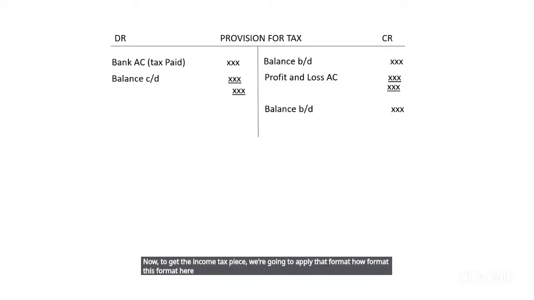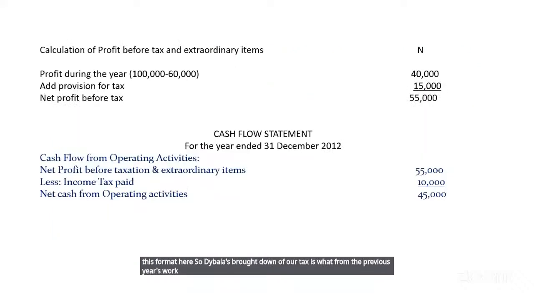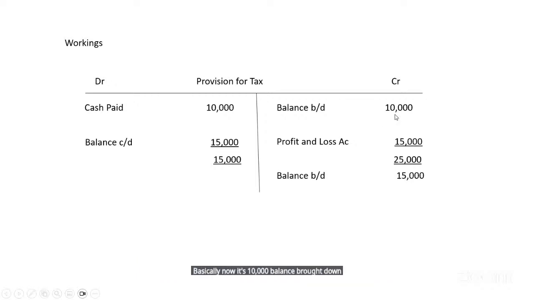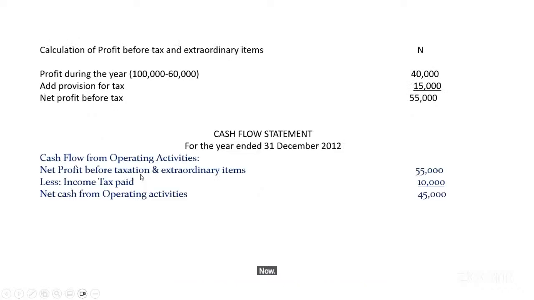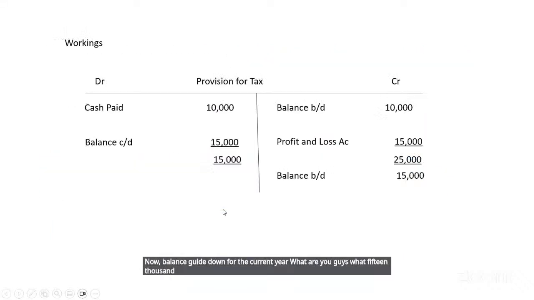The balance brought down of our tax for the previous year is 10,000 naira. Now, the balance carried down for the current year is 15,000 naira. This is the figure here, 15,000 naira.